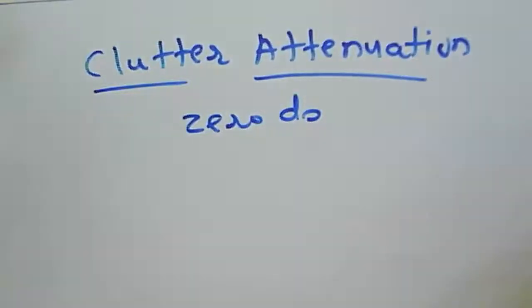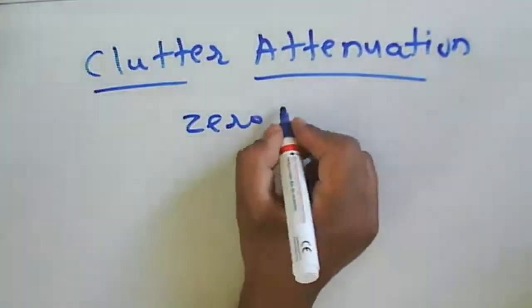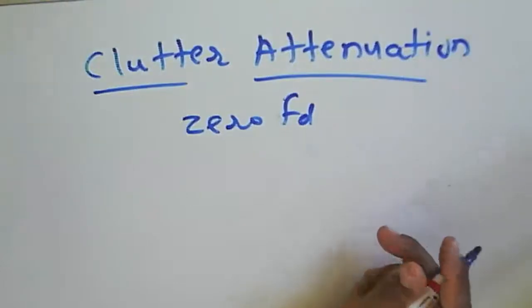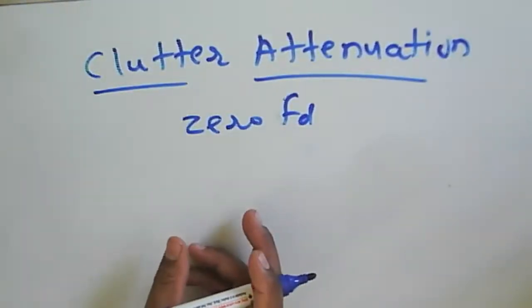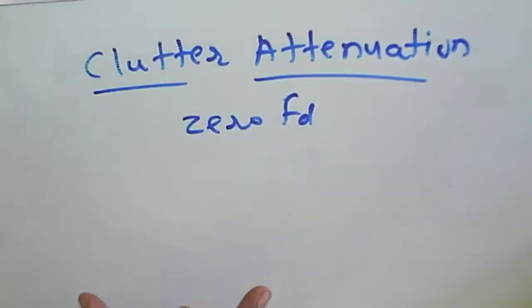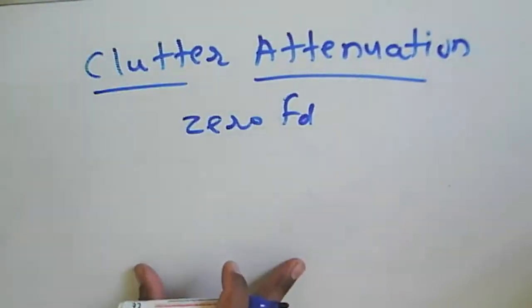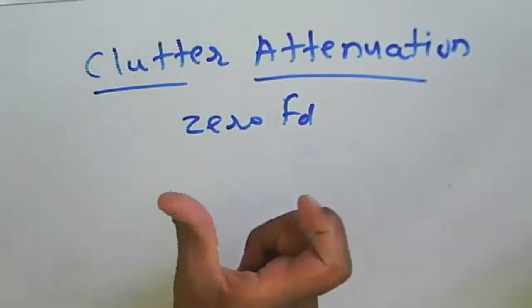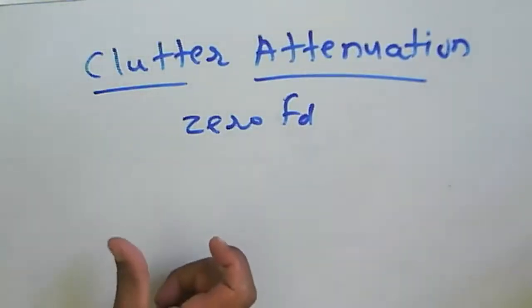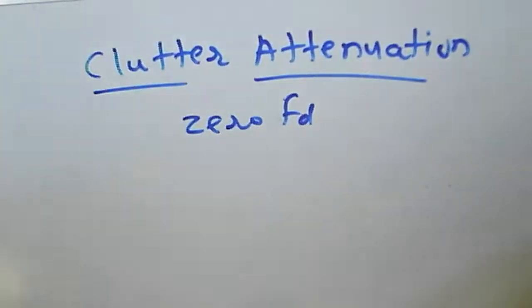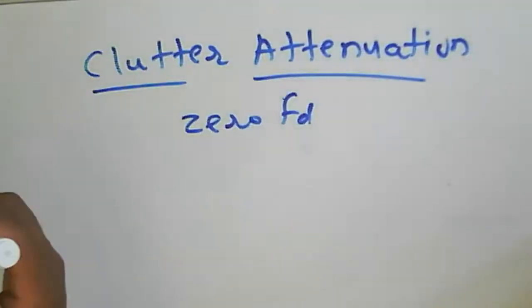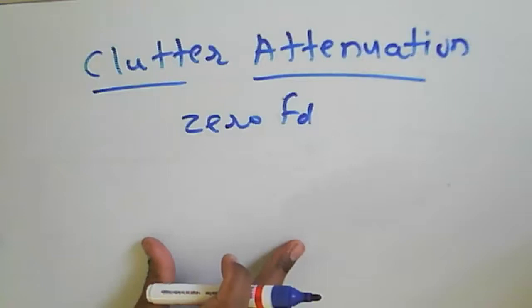The zero Doppler shift is cancelled. But some clutter spectra have a particular finite width. So we get a clutter that will be removed at a given spectrum, but some clutters have different widths.